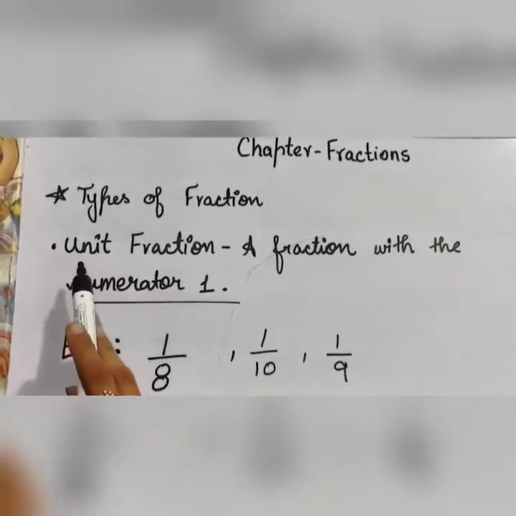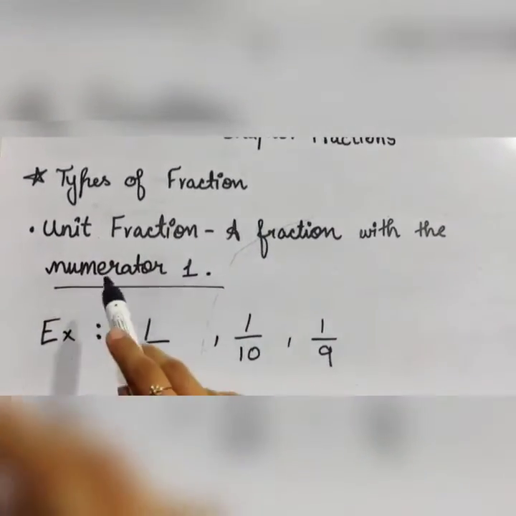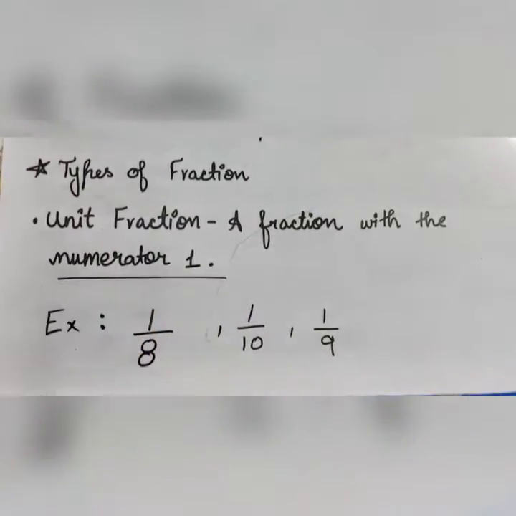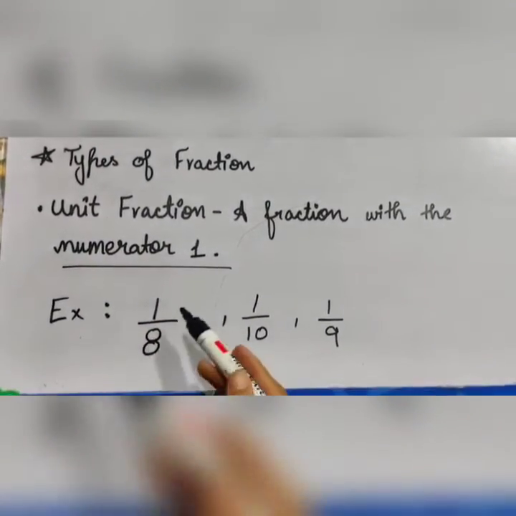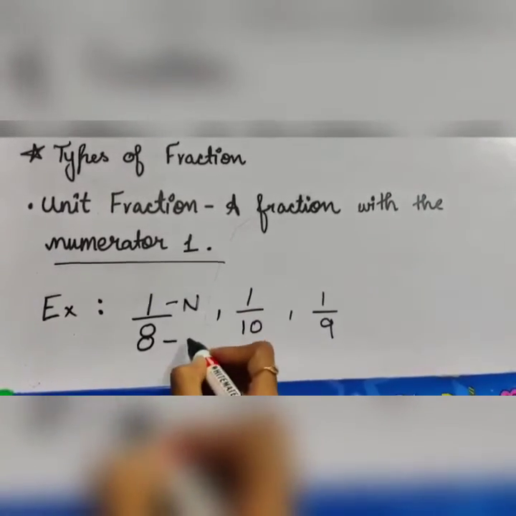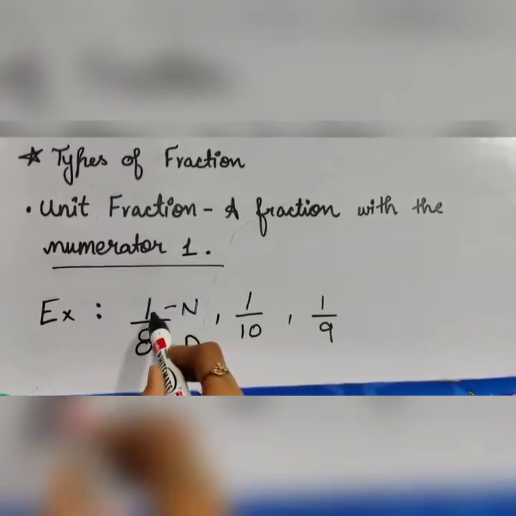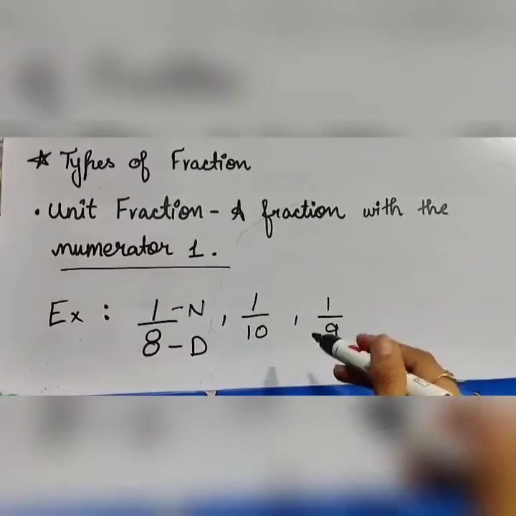Our next type is unit fraction. A fraction with the numerator 1 is the unit fraction. Example 1 upon 8. Here 1 is the numerator and 8 is the denominator. So here numerator is 1, so it is a unit fraction.